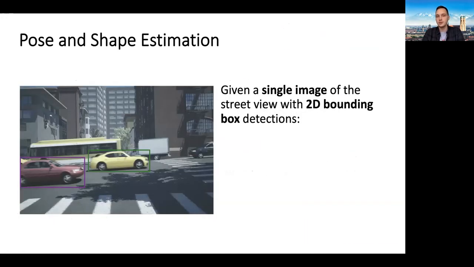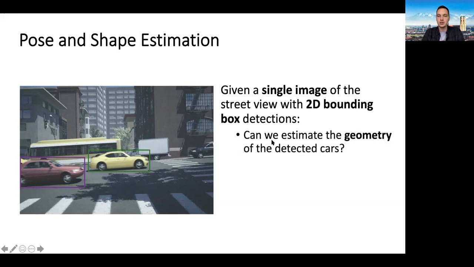When I came to TRI, there was a task that I had to solve, and it was pretty simply defined. We are given a single image of a street view with cars, and we are also given the 2D bounding boxes of the cars.